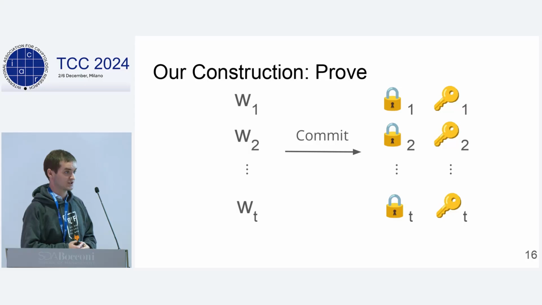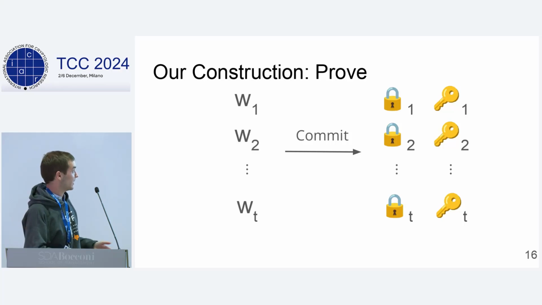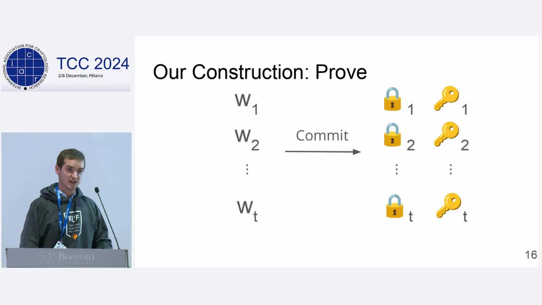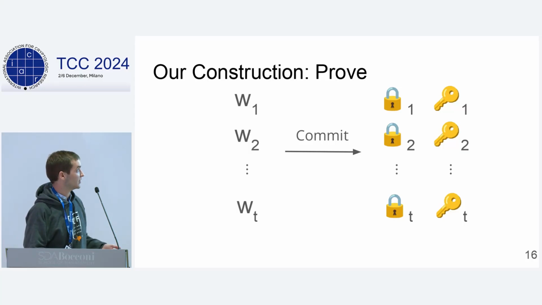So that's the goal. That's the construction. And now we can ask why we believe this to be secure. So recall that the binding property says that if it verifies, the revealed output bits should correspond to some real hidden bit string in the support of the hidden bits generator. But the support of the hidden bits generator in our case is the same thing as the support of the underlying PRG.